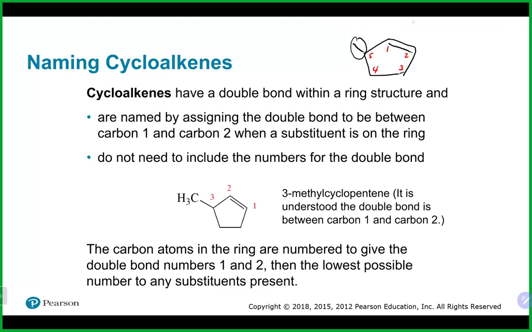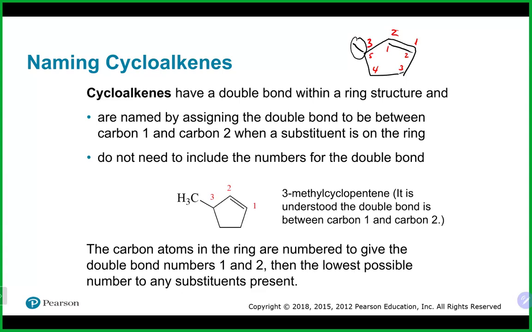Your other option would be to start number 1 at this side of the double bond and go counterclockwise. 1, 2, that takes us through the bond, and now to 3 here. And so we would want to go in that direction. It gives us obviously the smaller number. So that's a really important detail when you're numbering and naming a cycloalkene. You do have to number through the bond.